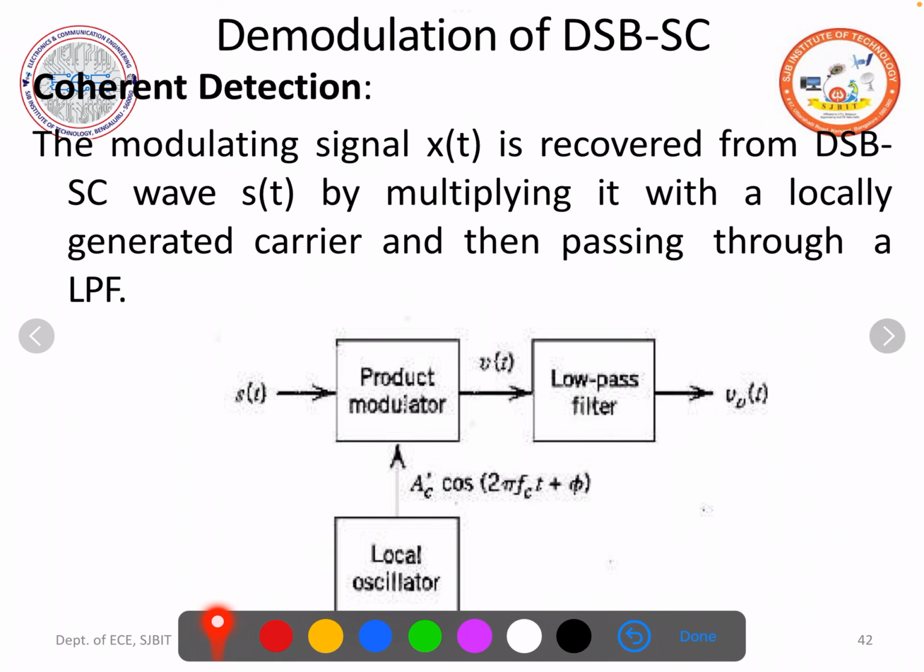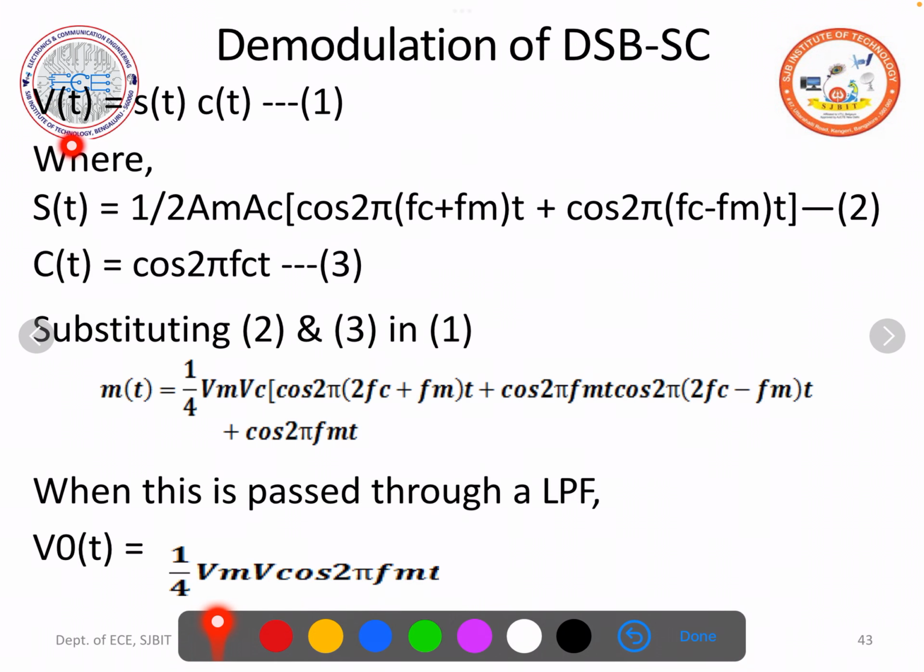So what is the output of the product modulator, v of t? It is a multiplication, v of t equals s of t into c of t. And s of t is Ac into m of t into cos 2 pi fct, multiplied by Ac dash into cos of 2 pi fct plus phi. After applying the cos A cos B formula, you will get the output v of t.